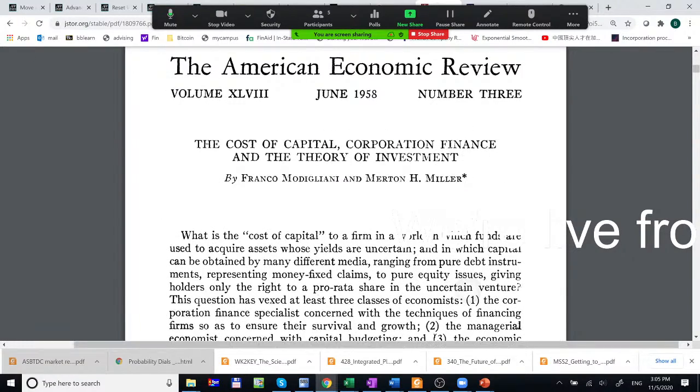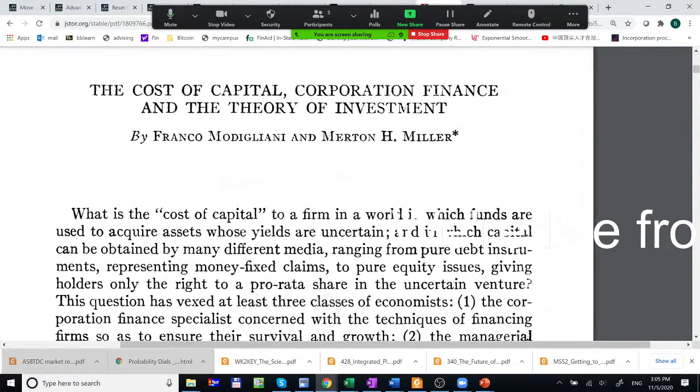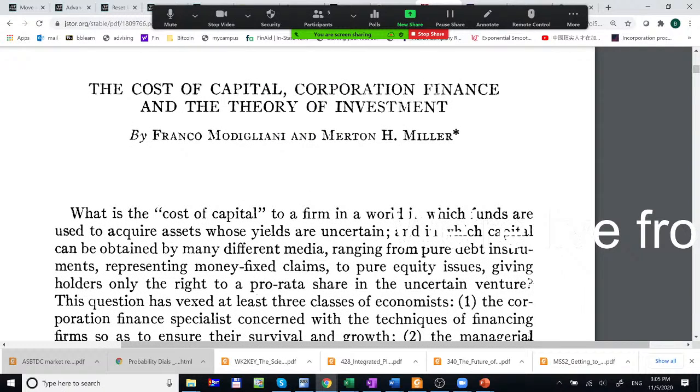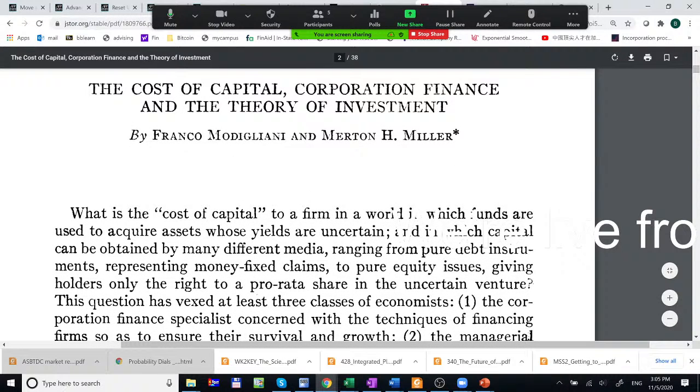So let's just look at the first page, okay? What is the cost of capital to a firm in a world in which funds are used to acquire assets? So that's your capital, right? And then you have the assets on your balance sheet whose yields are uncertain. So that's a business.